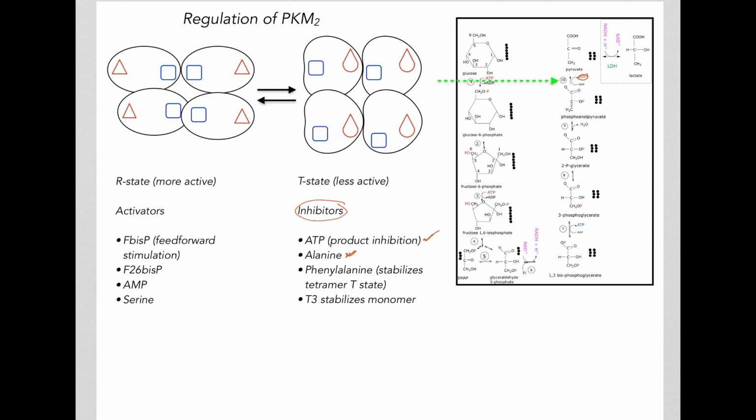So alanine is also an inhibitor. Another amino acid, phenylalanine, is also an inhibitor because it stabilizes the tetrameric T state. The thyroid hormone T3 is also an inhibitor because it stabilizes the monomeric form of this enzyme, which is an inactive form of the enzyme.